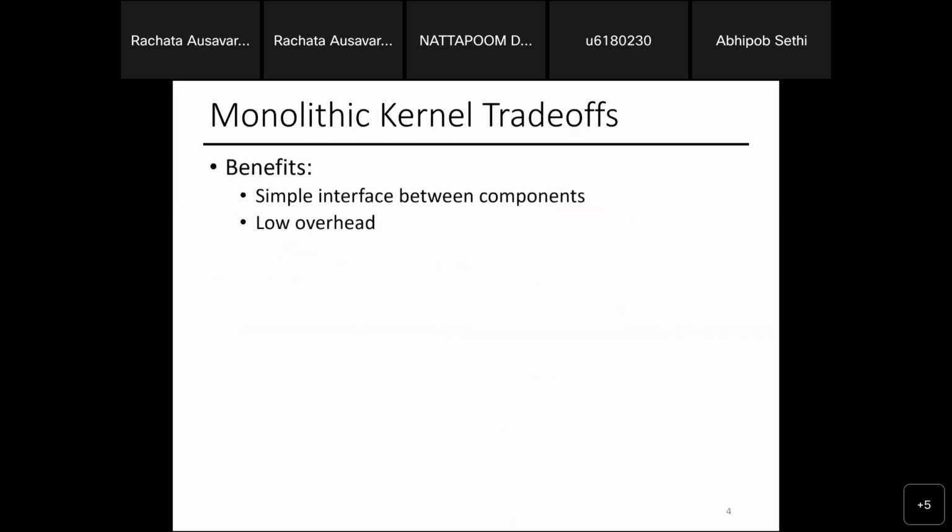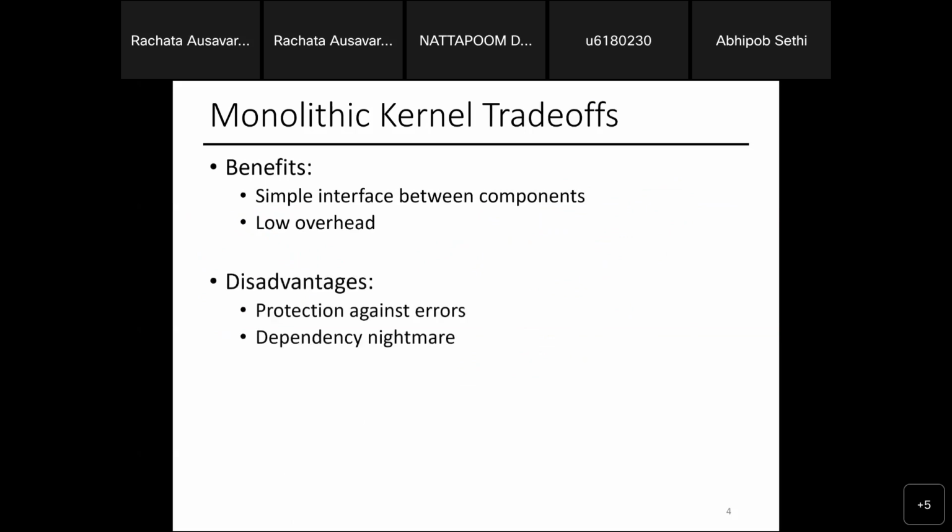So here are some trade-offs. Simple: the interface between components is simple. Everything is centralized inside this monolithic kernel, with low overhead in terms of managing everything. I am the center of everything. I know how to manage everything. Disadvantages: protection against error.